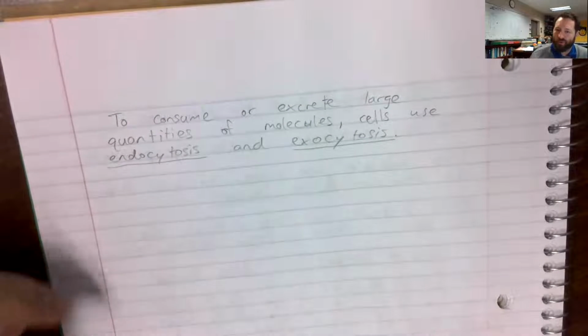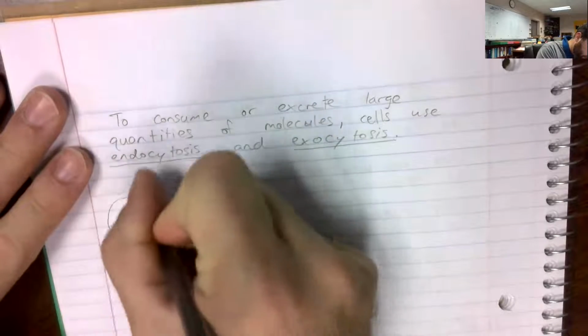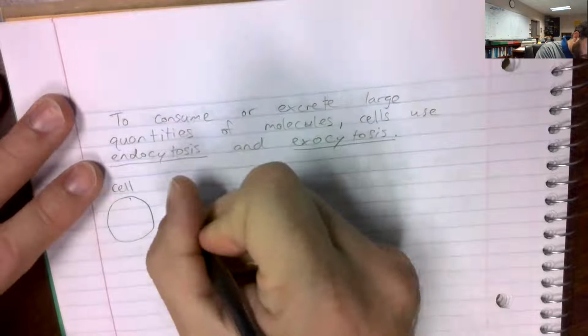Hopefully the words sound like what they do. Endocytosis brings particles into the cell. Exocytosis brings particles out of the cell.